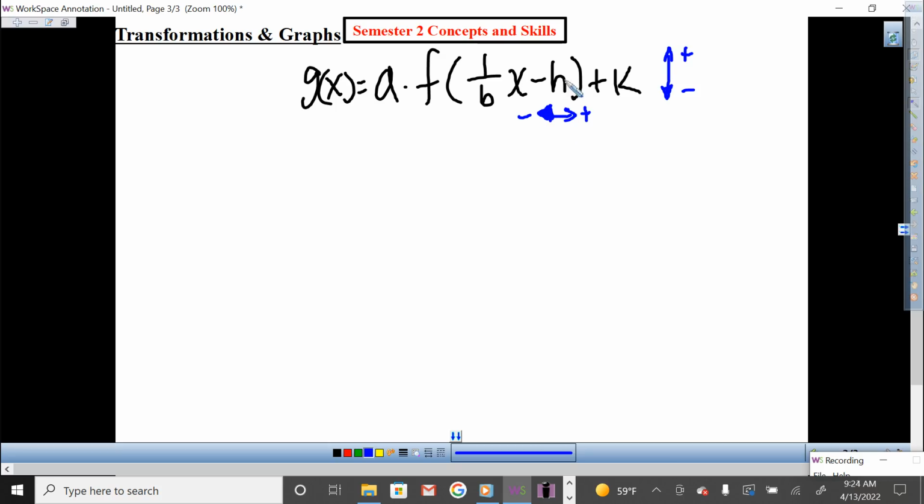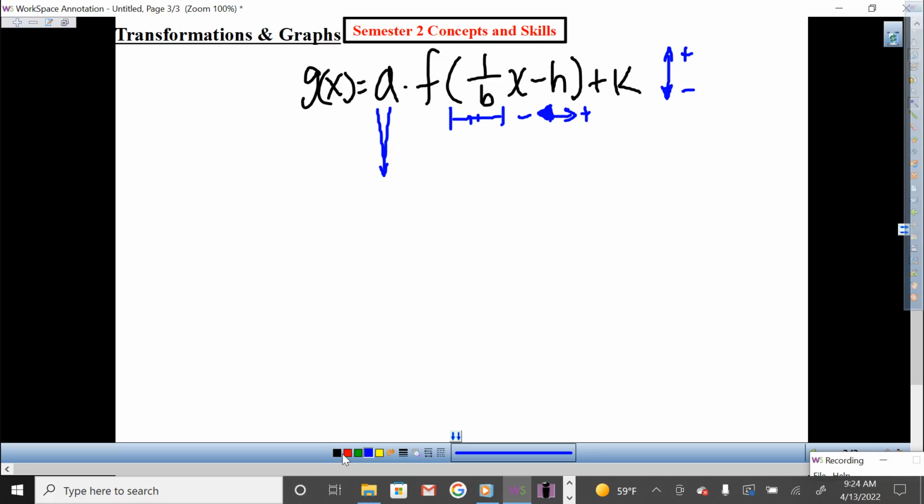Whenever we substitute a negative number in for h, it goes to the left, which means this becomes a positive. By now it should be clear, but I'm clearing this up right now. A stretches vertically or compresses vertically. B stretches horizontally or compresses horizontally. Yes? Okay.